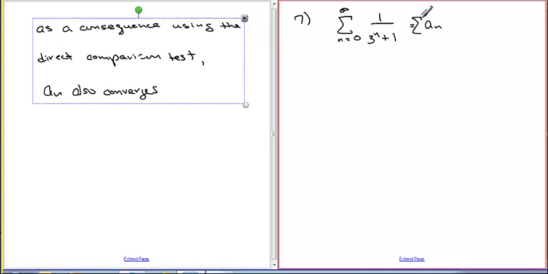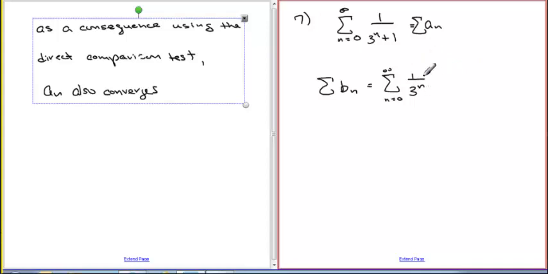Again, if we get rid of the 1, we let this series equal b sub n and we get that. Now what test can we use?